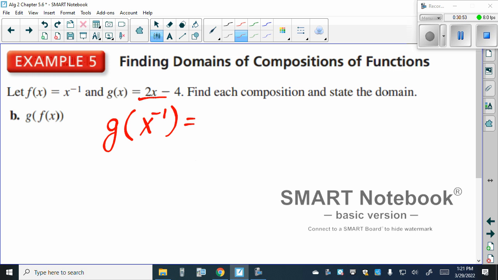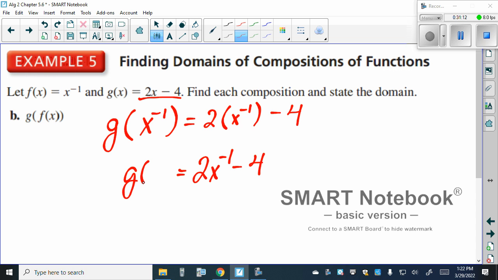So our g of x function, 2x minus 4, we're going to replace every x with x to the negative 1. So I have 2 times x to the negative 1, minus 4. And this here is our g of f of x.